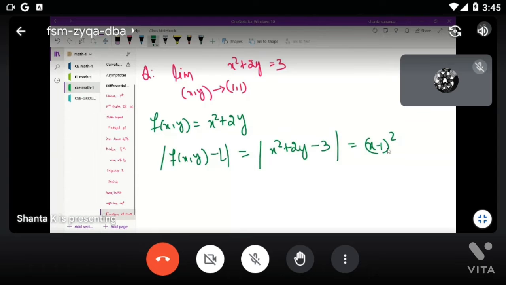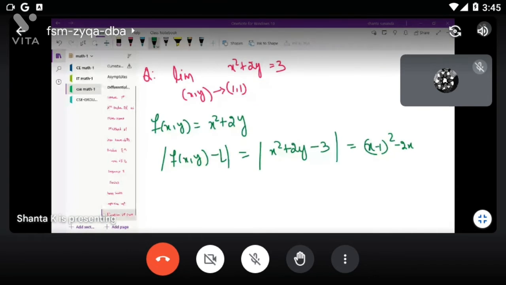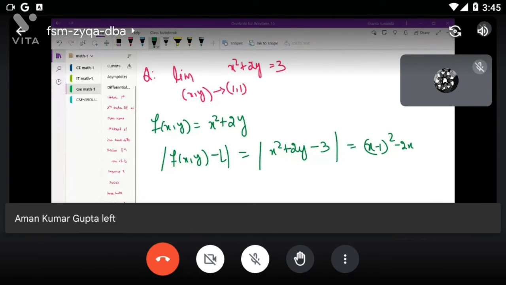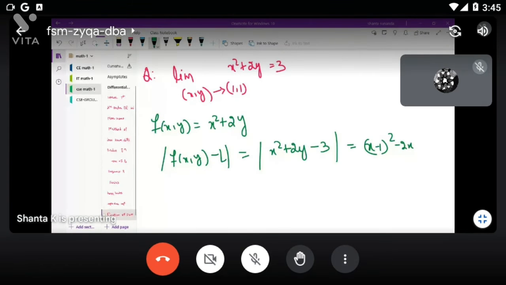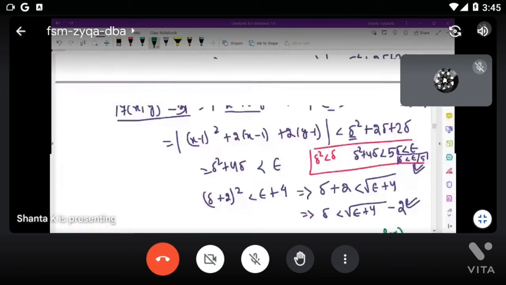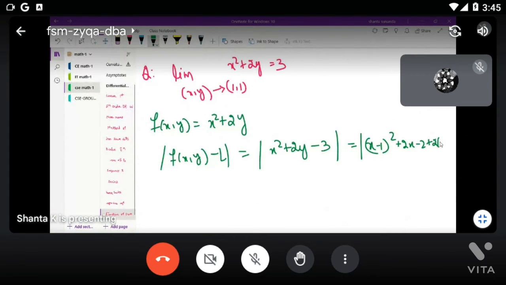So (x minus 1) square, then you will have minus 2x, minus 1. So here plus 1, so here you will be getting 2x. Minus 2x is there, so we will add here plus 2x minus 2. Okay, so plus 2x minus 2, and here for y minus 3 we will write 2 into (y minus 1).